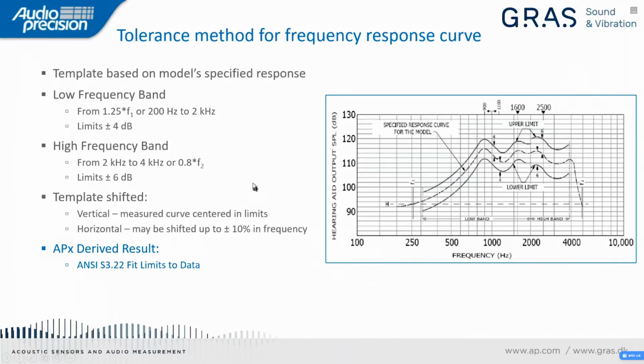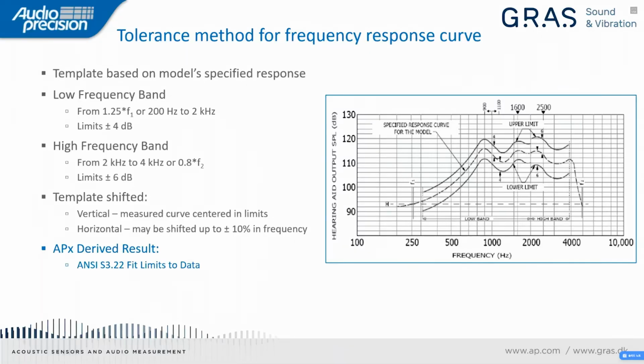Now, the way the standards are written, these limits are drawn on a transparent overlay, and you lay this overlay on top of the graph. You're allowed to shift it vertically so that the measured curve is centered within the limits, but you're also allowed to shift it horizontally in frequency, up or down by up to 10%, to allow the curve to fit in the limits.